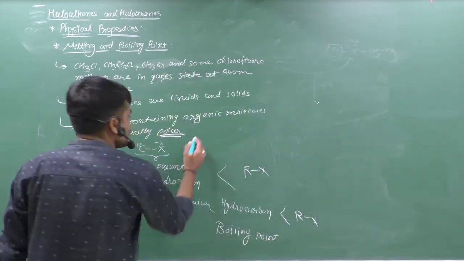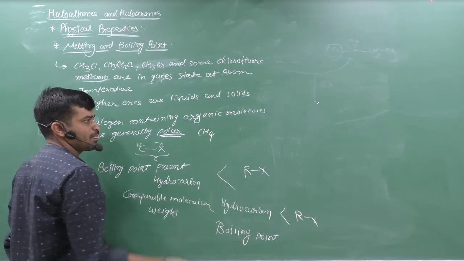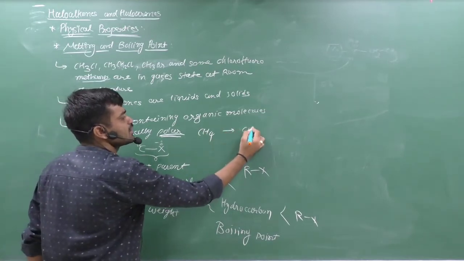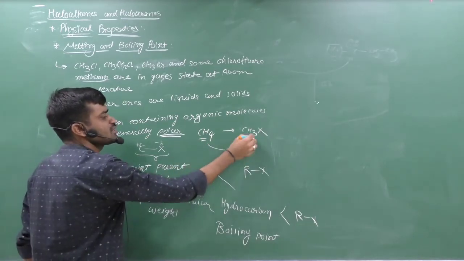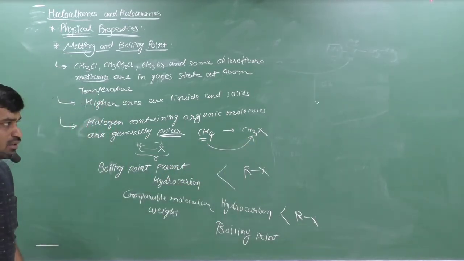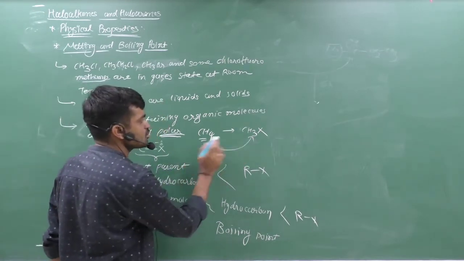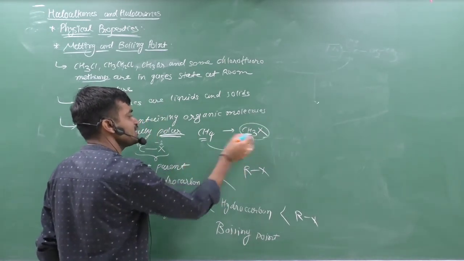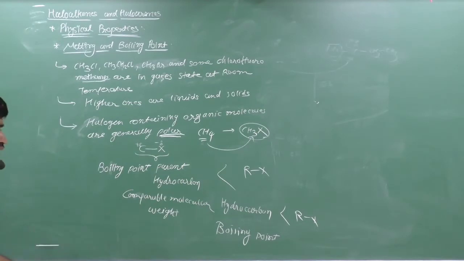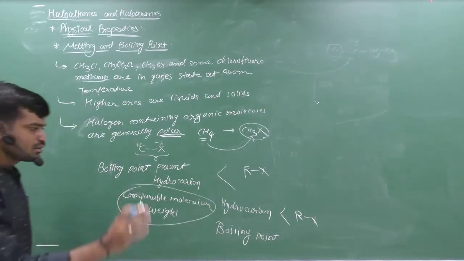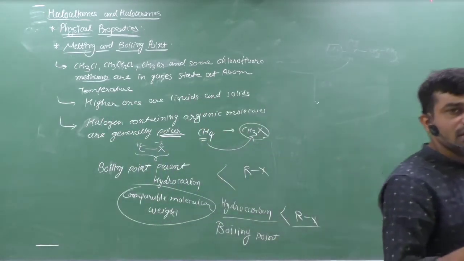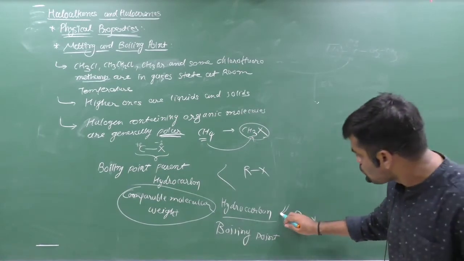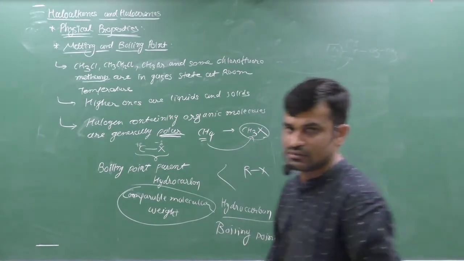Suppose we have CH4, methane, and we replace the hydrogen and generate CH3X whatever. It is a parent hydrocarbon from which we can synthesize the haloalkanes. So if you compare the boiling points of these two, then the boiling point of RX is higher than this parent hydrocarbon. Or if we have a comparable molecular weight hydrocarbon, meaning the molecular weights of the hydrocarbon and alkyl halide are near about equal, and we compare the boiling points, then also the boiling point of the alkyl halide is higher.